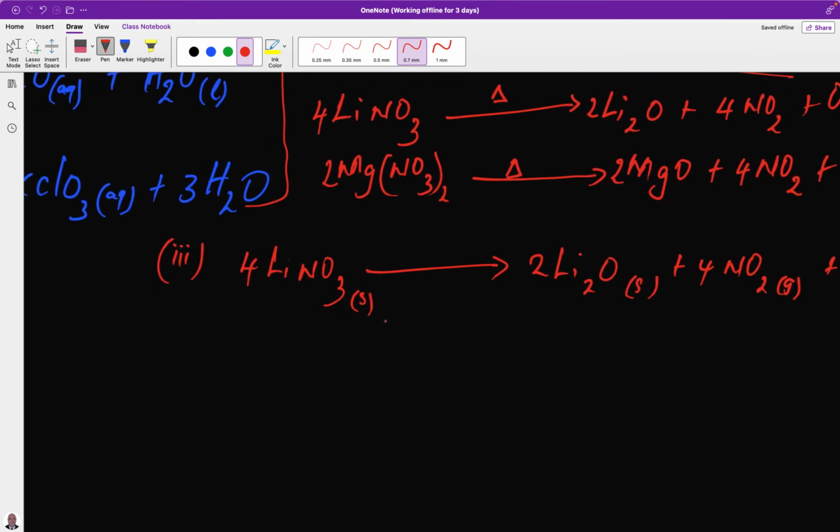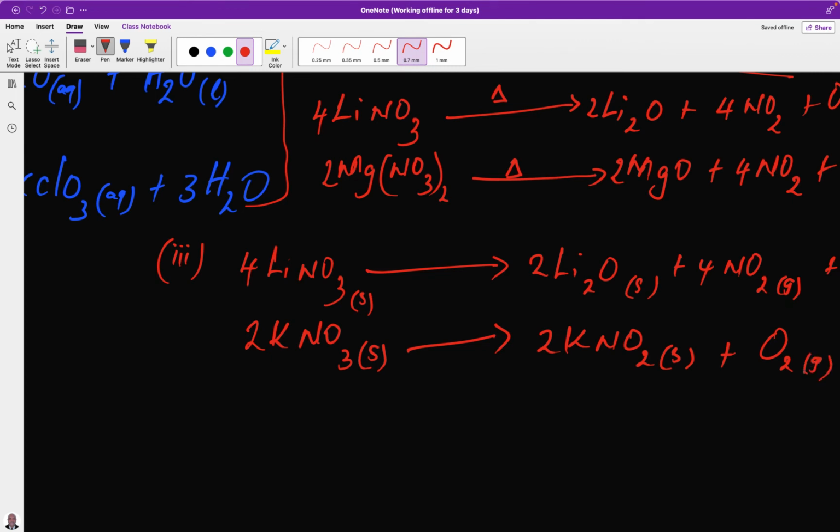Now the nitrate of potassium. We will have 2 potassium nitrate, which is also a solid, that will decompose when heated to give 2 potassium nitrite, which is a solid, plus oxygen, which is a gas.